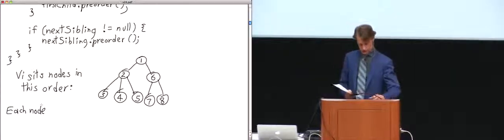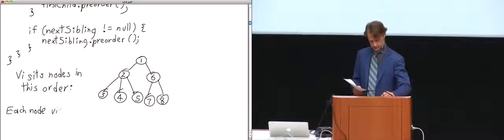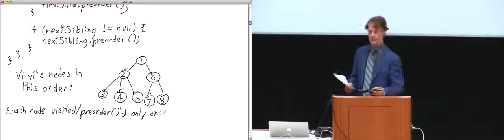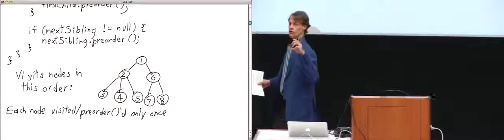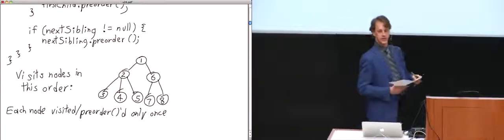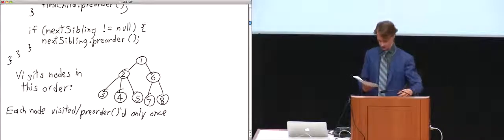So each node is visited and gets a preorder call only once. And so if you add up the time for preorder on every recursive call, it's linear time in the number of nodes in the tree.